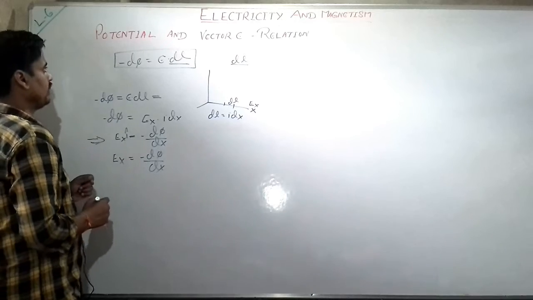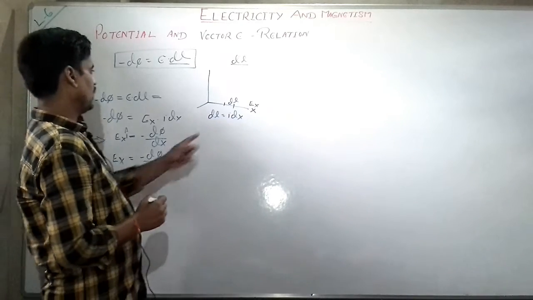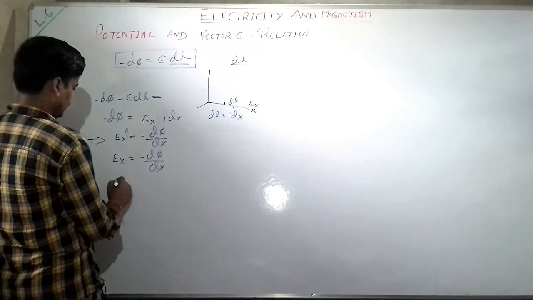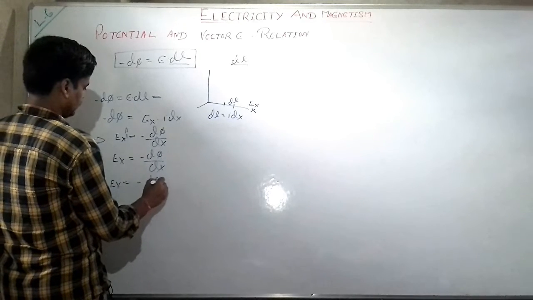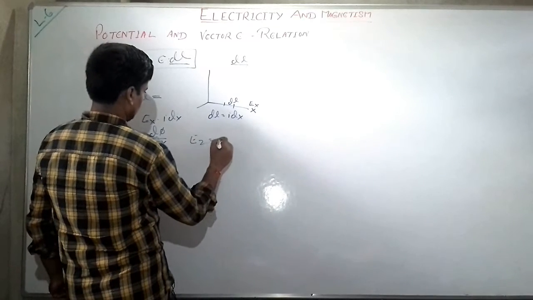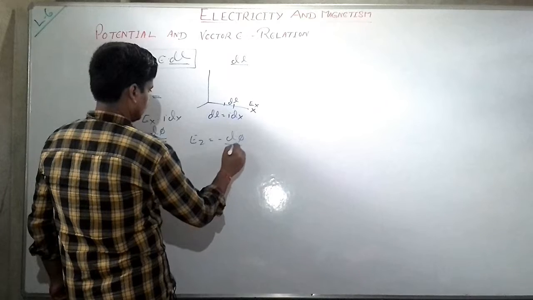This is the component of vector field E along the x coordinate. In the same way, Ey is equal to minus d phi by dy, and Ez is equal to minus d phi by dz.